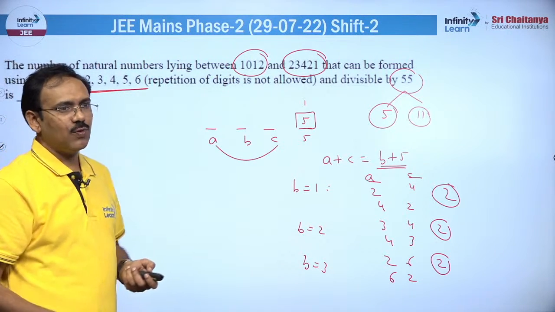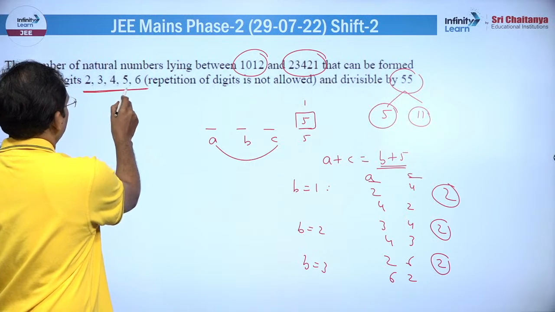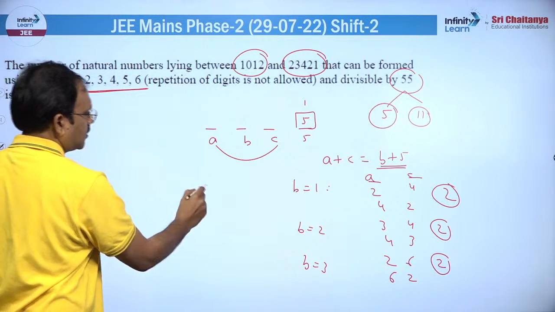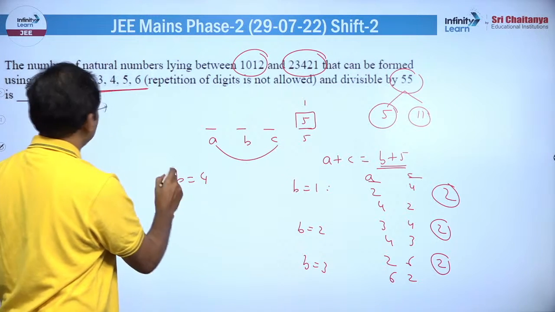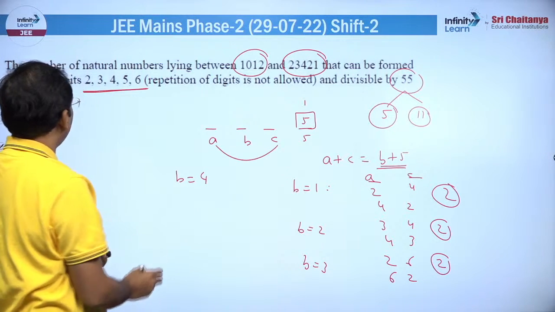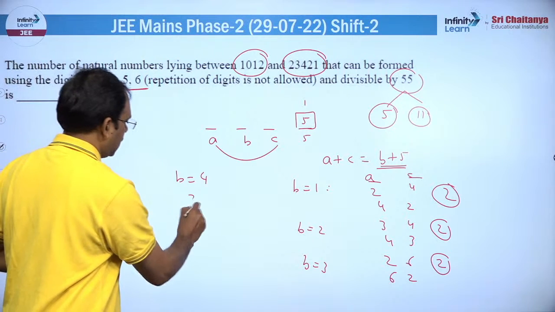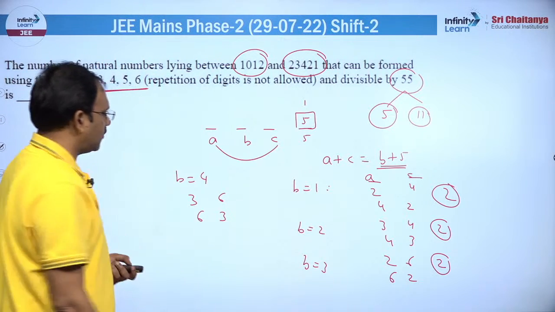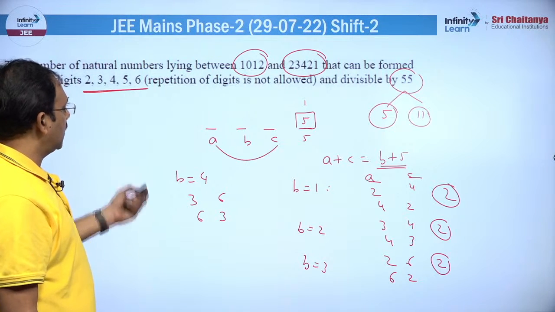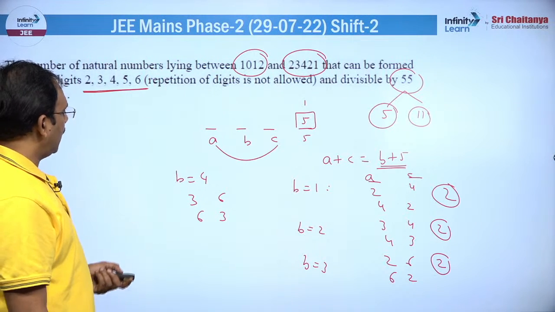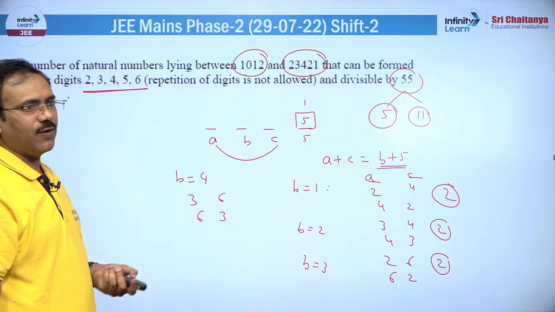So in that case, this is the B is equal to 4 case, 4 plus 5 is 9, A plus C 9 means you can give 3, 6 or 6, 3. Is this combination fine? Yes, 3, 6, 4, 5 is fine, and 6, 3, 4, 5 is also fine, right.